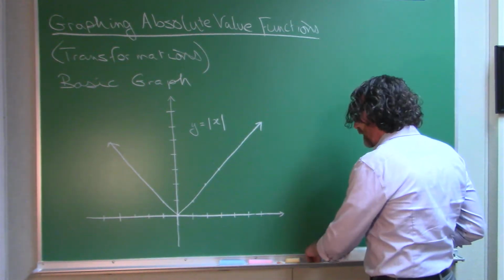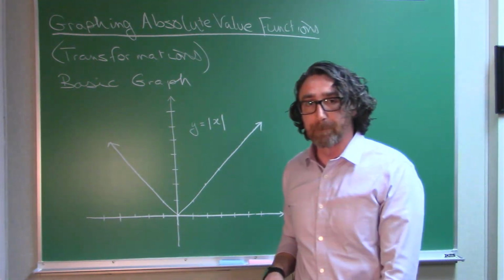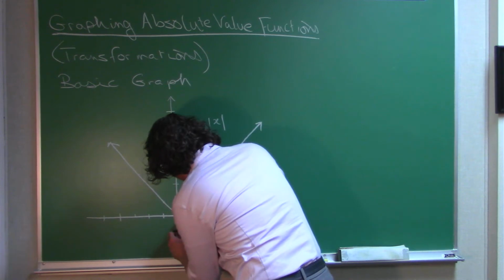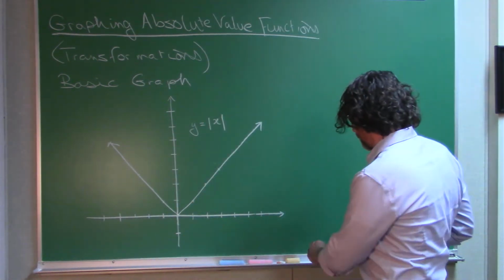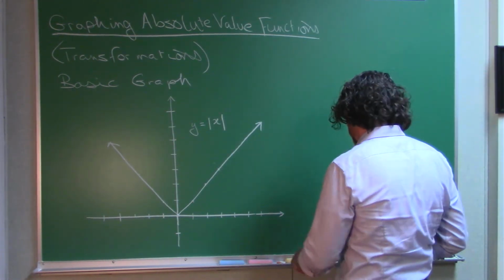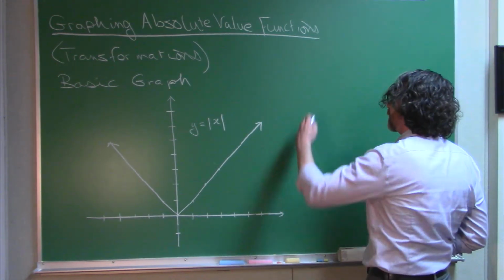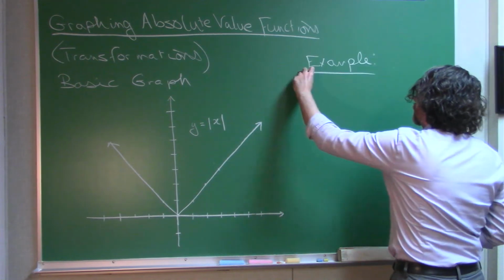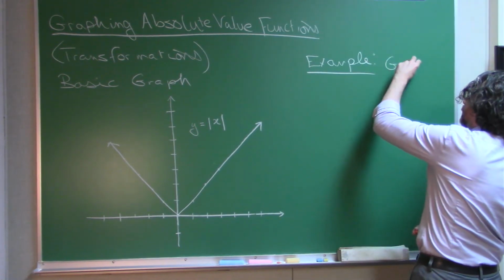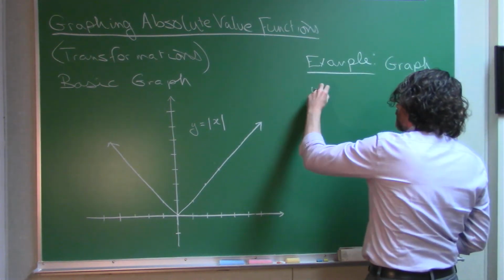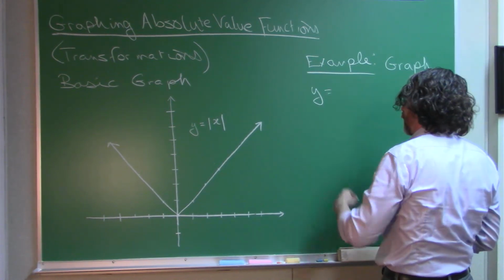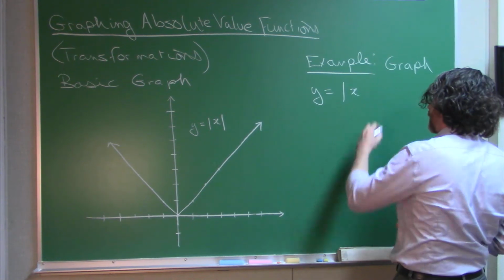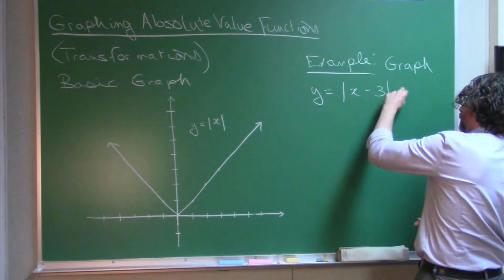Now there's a pretty neat method for drawing graphs of absolute value functions pretty easily. Let me give you a quick example. Let's try y equals absolute value of x minus 3, plus 1.